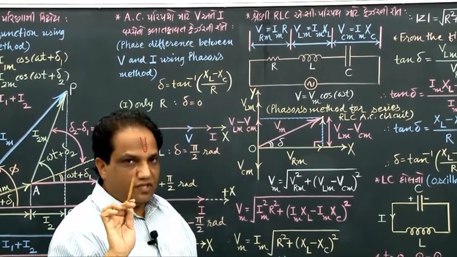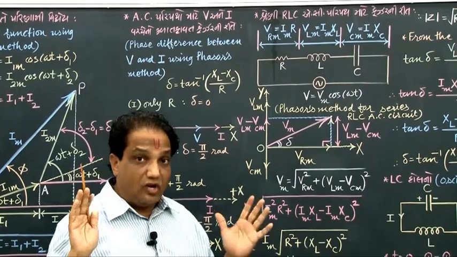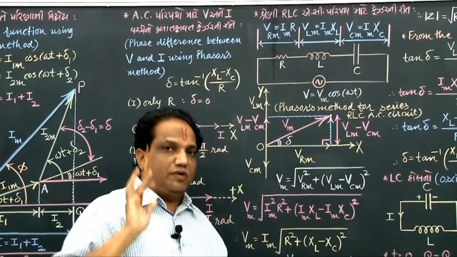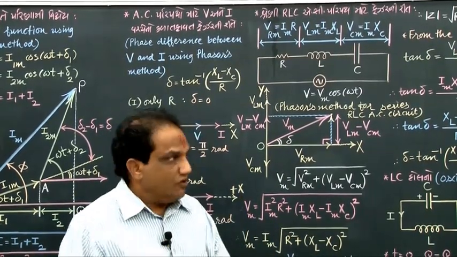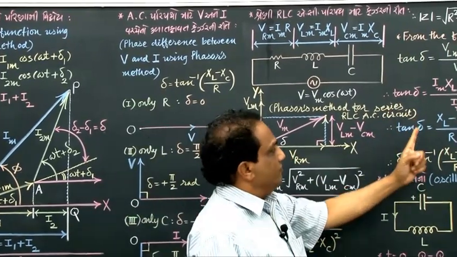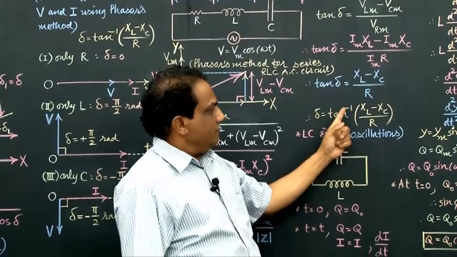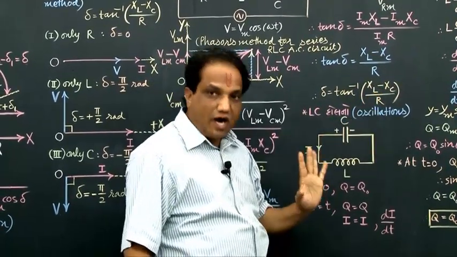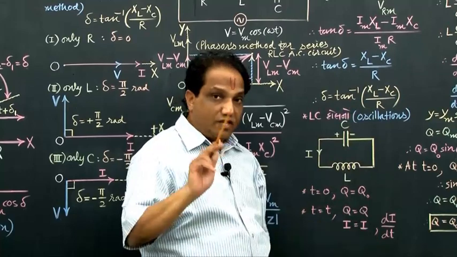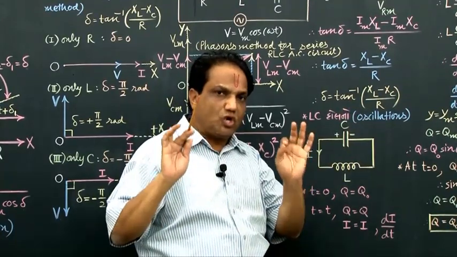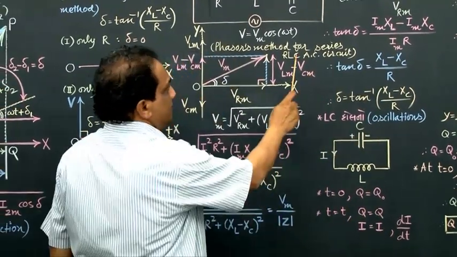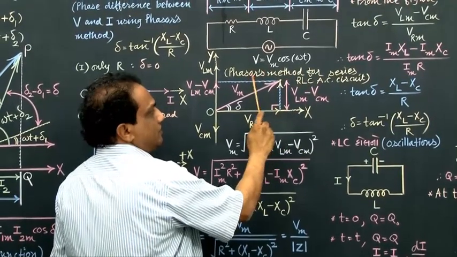In this chapter, in the very first theory, which was very long, at the end of that whole long theory, we had obtained the formula of phase difference between current and voltage. It was tan inverse of (XL minus XC) upon R. Now, the same formula here we will obtain using a very short method, and that short method is the phasors method.